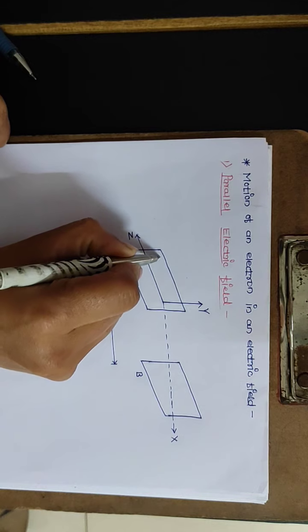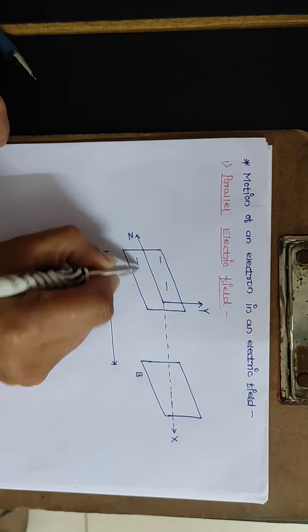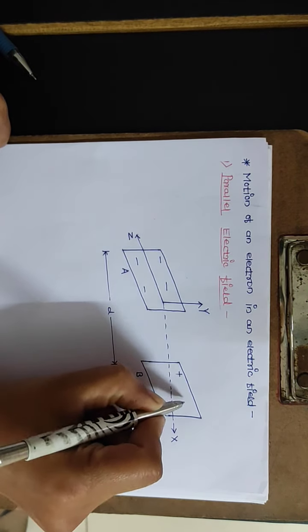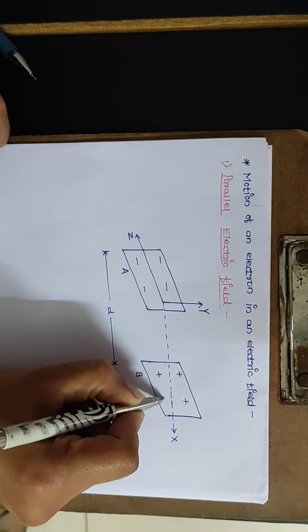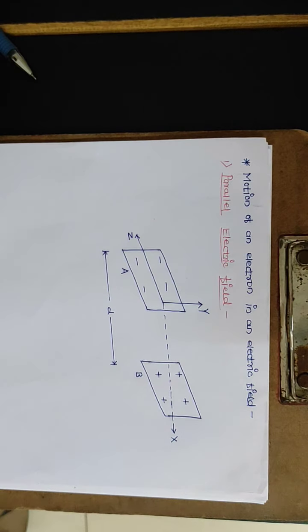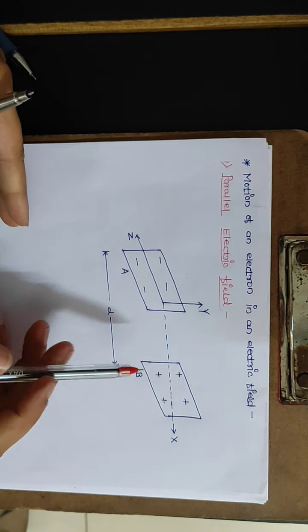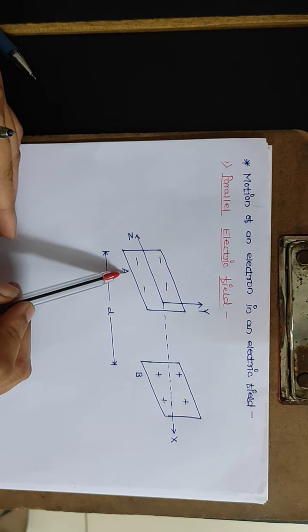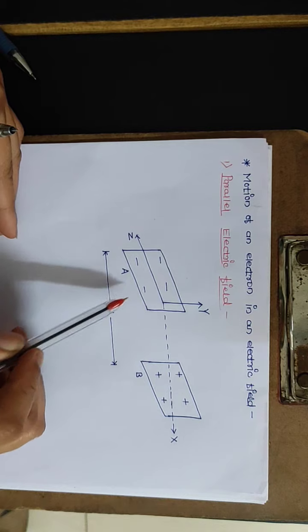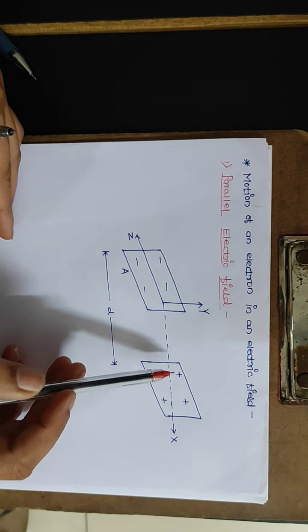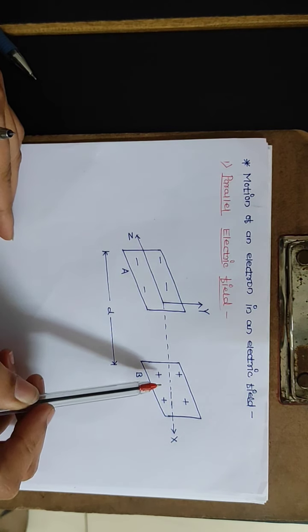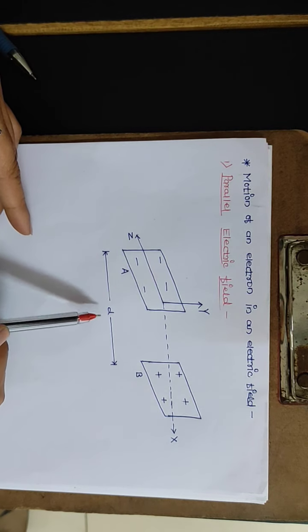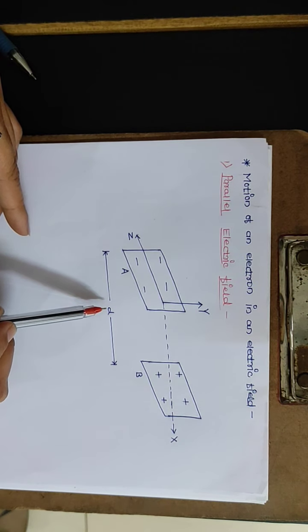Plate A has negative charge, plate B has positive charge. Consider two plates A and B, both kept parallel to each other and separated by a small distance d.